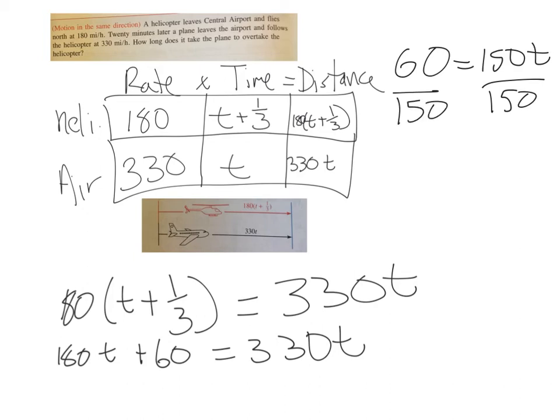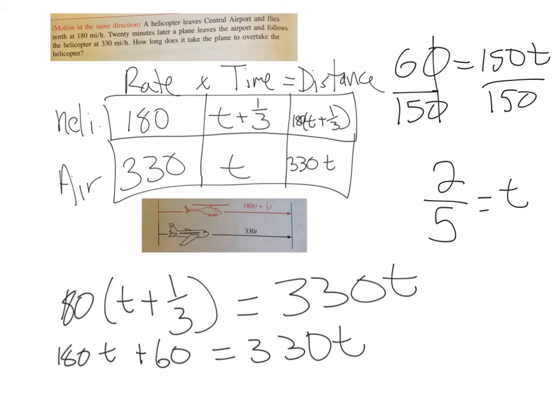And if we simplify this, we end up canceling out the zeros. So we have 6 over 15, and both are divisible by 3. So 2/5.